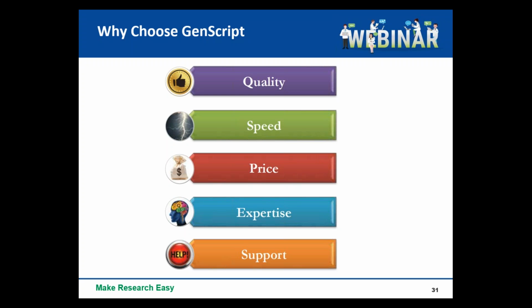We have delivered more than 6,000 batches of protein successfully to our clients around the world, more than 2,000 batches of recombinant antibodies to clients around the world, with a very high success rate. And then support, support of our technical team, our production team, the project management team, and the sales support that you get. So your project will be in really good hands at GenScript.